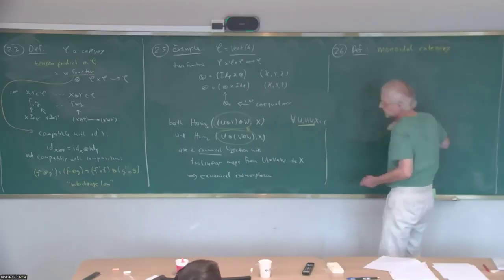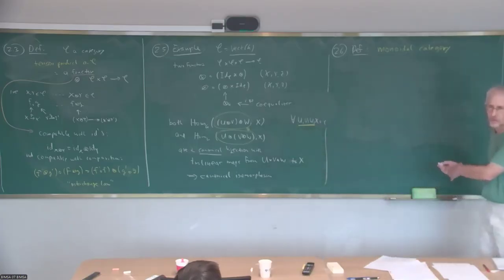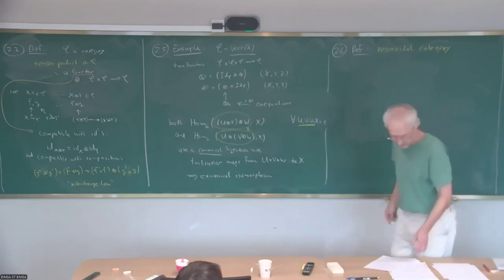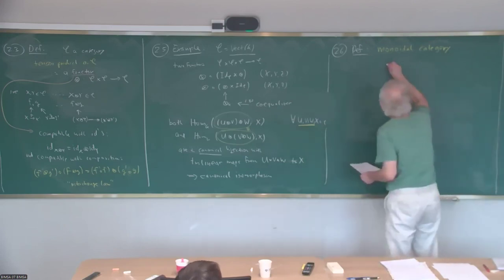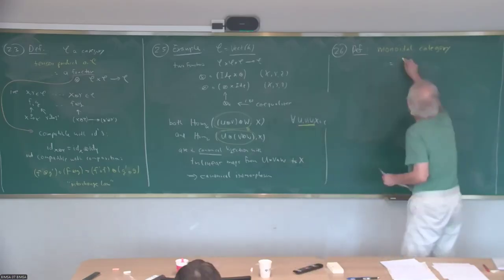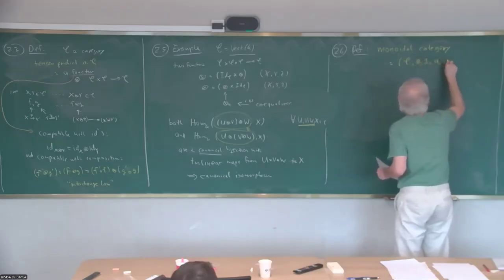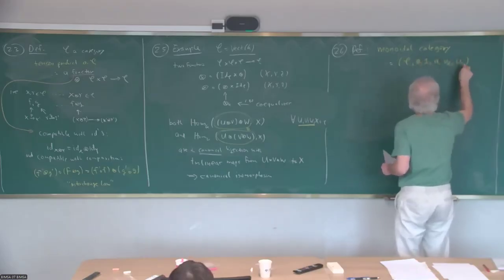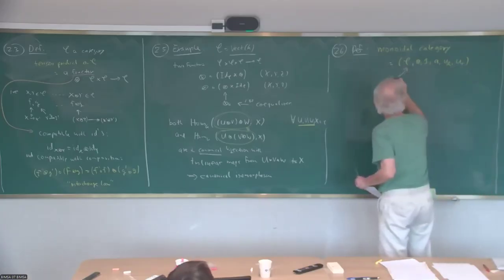Sometimes, in particular in the older literature, this is also called a tensor category, but this is nowadays used for something with additional structures, so I will not use that term. So what is this? This is a sextuple of things: C, tensor, 1, A, UL, UR, where C is a category.